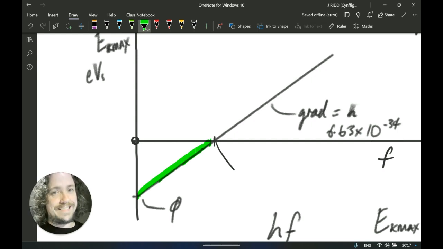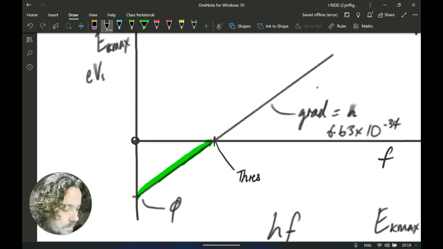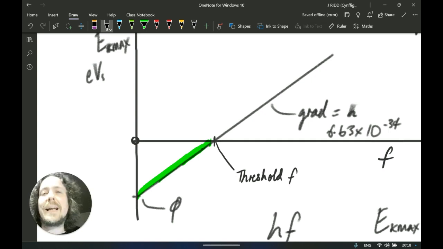Back to the football thing, it's like we haven't kicked it with enough kinetic energy to get it up the hill. So any frequency below this, what we call, and we're going to name it now, the threshold frequency. Any energy less than that is not going to cause a photoelectron to be emitted.